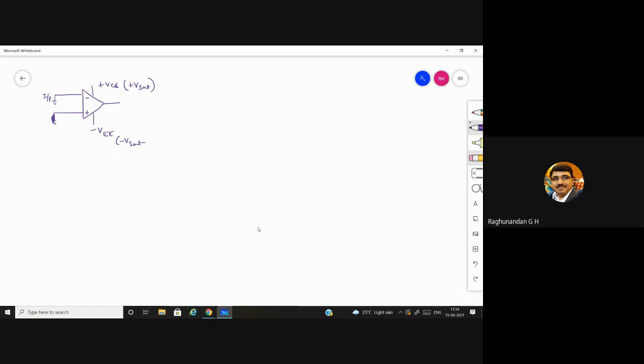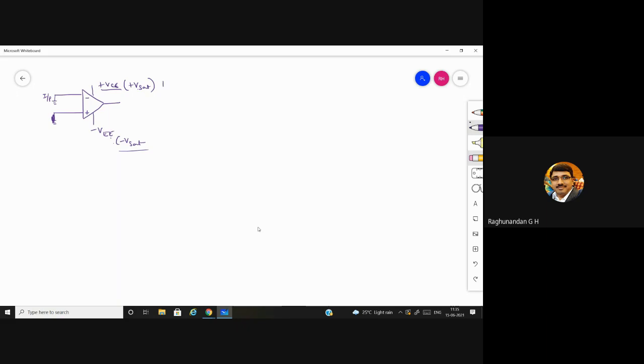And plus VCC, minus VEE, these are the DC supplies which we are going to use. They are not only activating the transistors present inside the op-amp, but are also the deciders of the maximum level of the output.